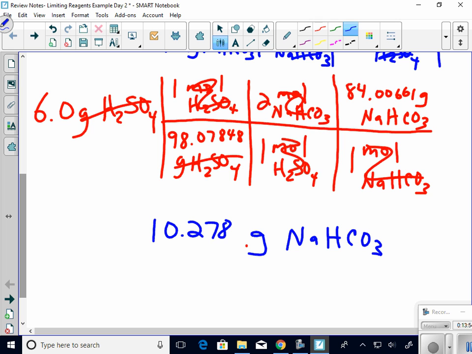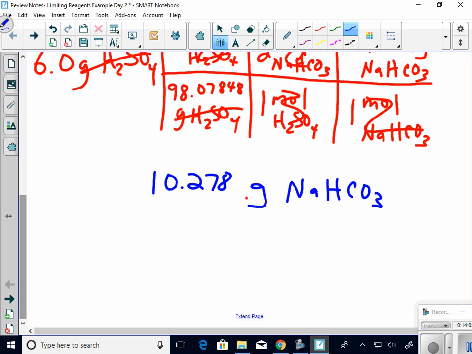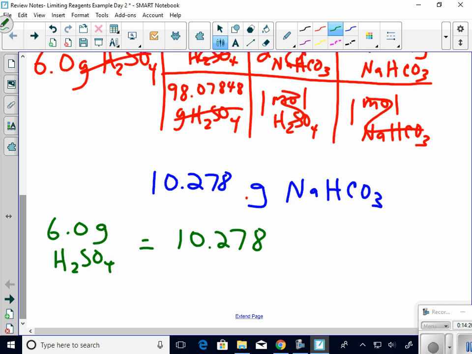What this is telling me, let's go through and do this again. It says that if I have 6.0 grams of H2SO4, I need 10.278 grams of NaHCO3.